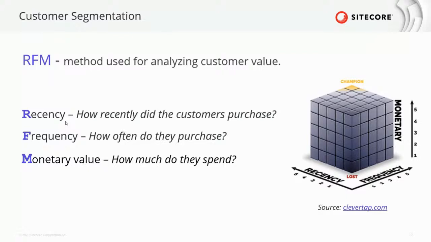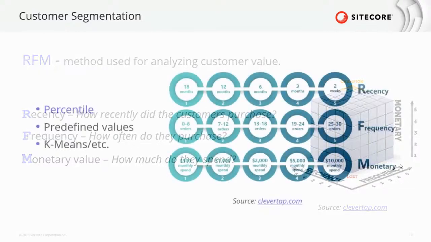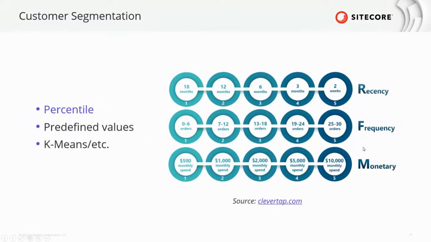And all these metrics are expressed as a ranking score of 1 to 5. But what do I mean by a ranking of 1 to 5 and how to calculate this ranking? First, we need to analyze the customers we have and work out some sensible ranges for frequency, recency, and monetary value, usually over the last year or 2 years.